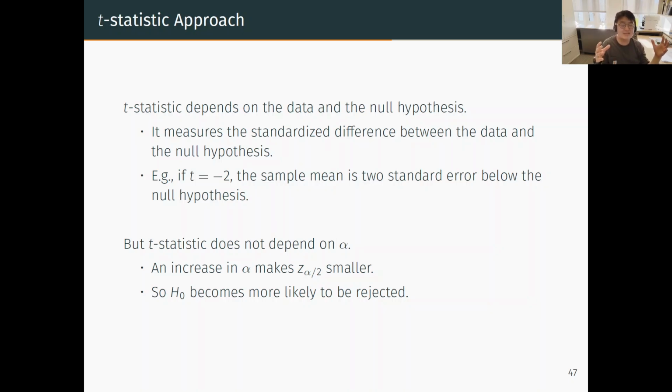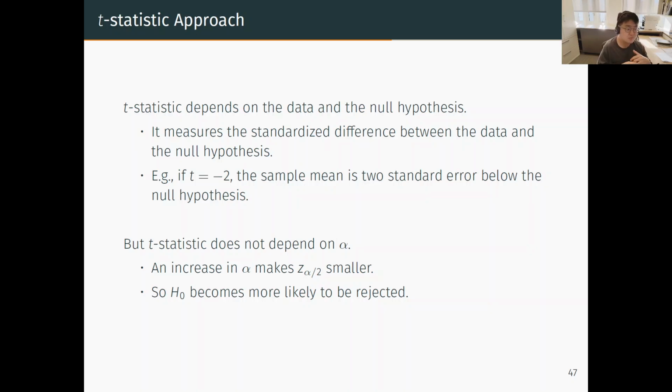The larger the t-statistic, the more different the belief and the data are. If I say t equals -2, the sample mean is 2 standard errors below the null hypothesis. So it's interpretable. It's the distance between the hypothesis and the data. In some sense, the t-statistic is more useful than the p-value in terms of interpretability.